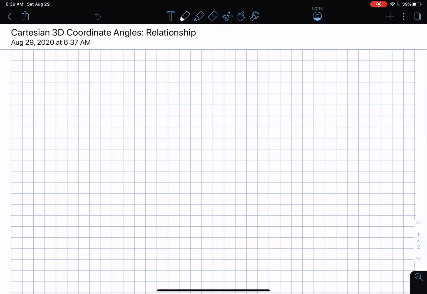Okay, so coordinate direction angles, or coordinate angles, they are pretty much the same thing. So these are the angles alpha, beta and gamma.